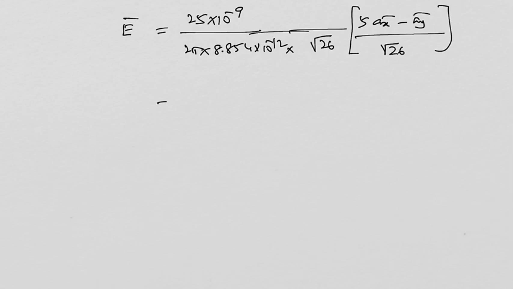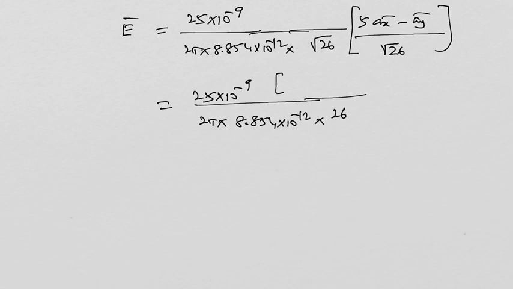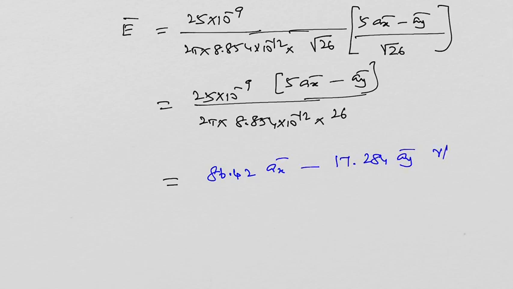So the answer will be 25 into 10 power minus 9 divided by 2 pi multiplied by 8.854 into 10 power minus 12 multiplied by 26 into 5AX minus AY, right? So this can be finally expressed as 86.42 AX. You can cross verify 17.284 AY volt per meter.